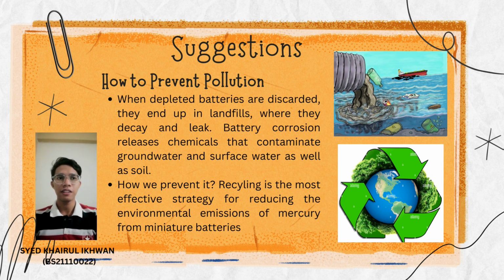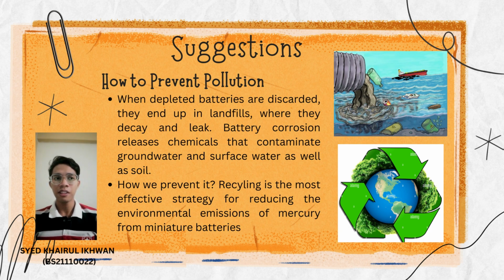Okay, for the second suggestion, I would like to talk about how to prevent pollution that is caused by improperly discarded batteries. As we know, once the electrical charge is depleted, batteries should be safely disposed of. But millions of batteries are tossed into the trash by customers every year. When depleted batteries are tossed into the trash, they end up in landfills where they decay and leak.